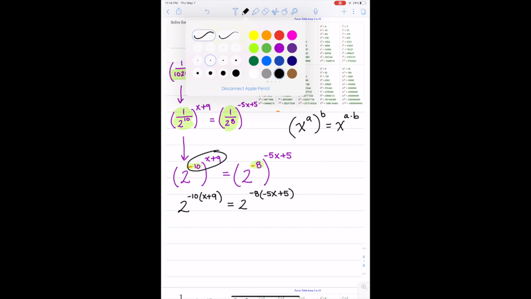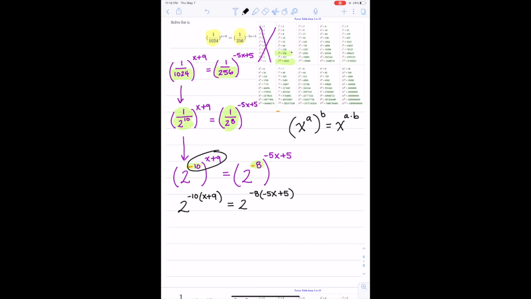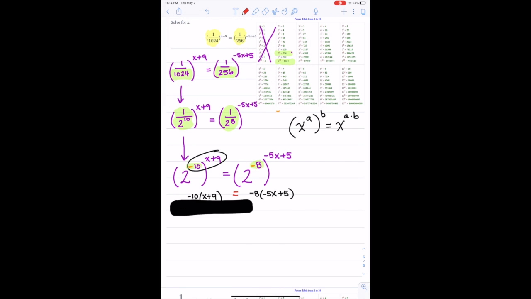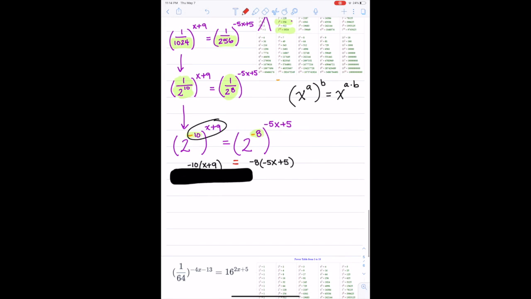And with that, you will see that we can get rid of the common base. So the 2 is not really needed anymore. So if I wanted to solve this equation, I would just pretty much throw an equal sign in between. So I'm trying to solve this.